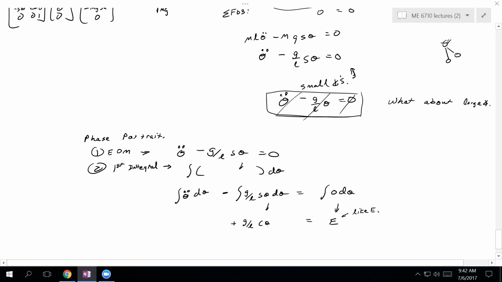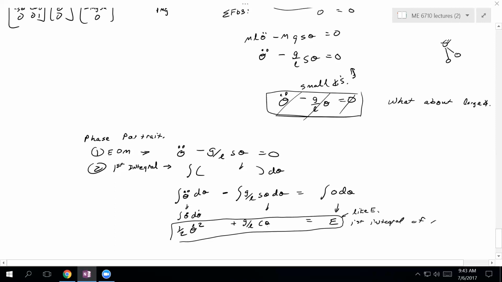And then finally, the third term is the integral of theta double dot, which we can rewrite as the integral of theta dot d theta dot, which gives us 1/2 theta dot squared. So this is our first integral of motion. Need to be careful.